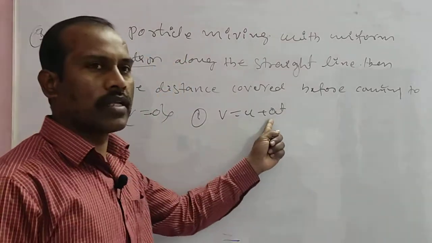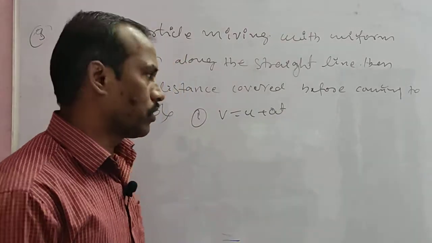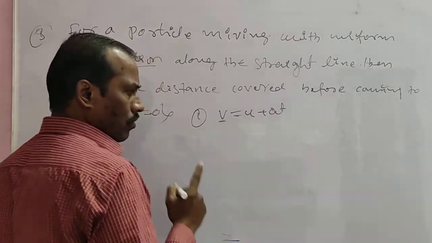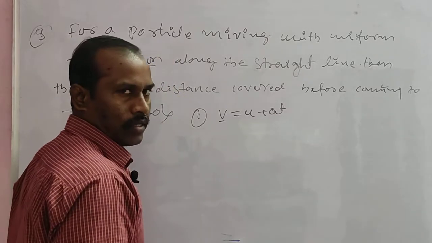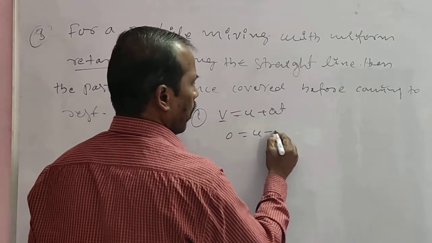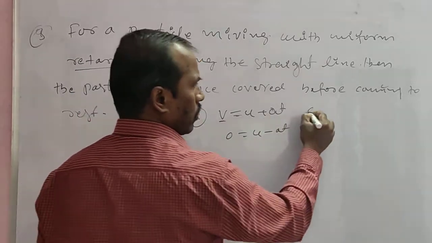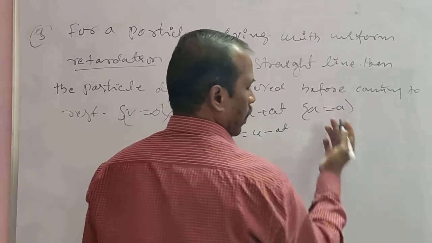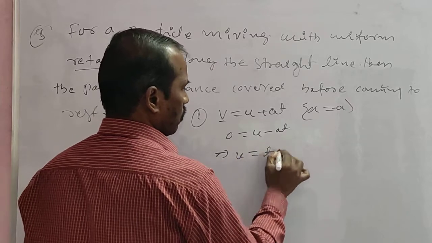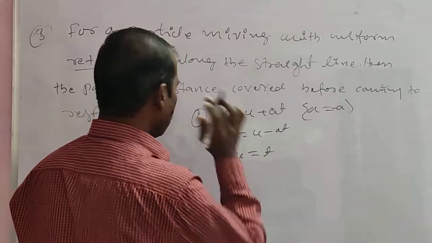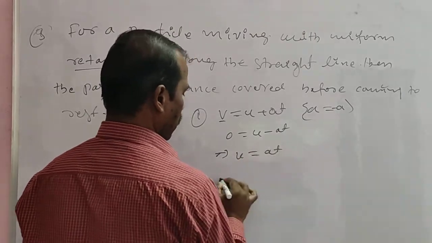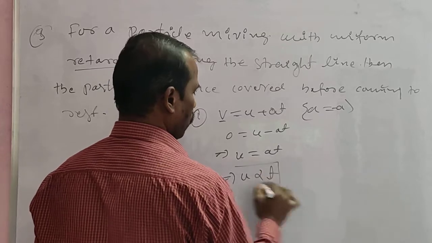This is a retardation, so a is equal to minus a, a negative symbol. So u is directly proportional to t.